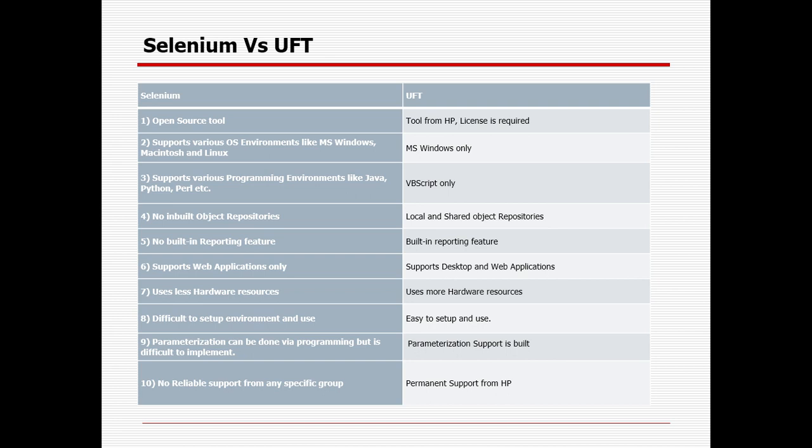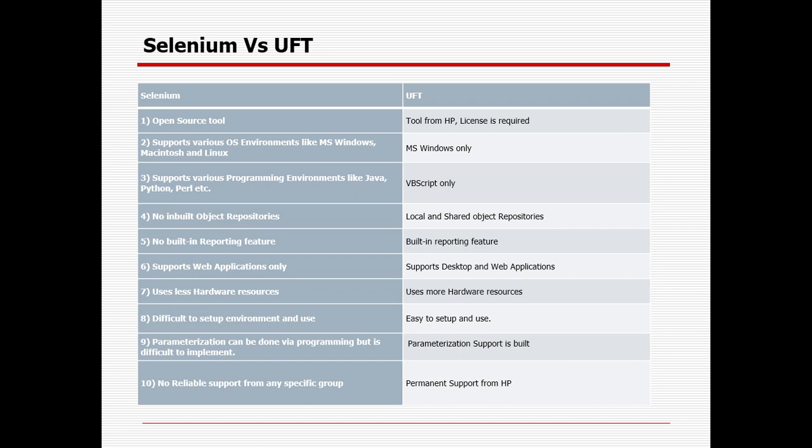Selenium supports web applications, and nowadays desktop applications also, whereas UFT is primarily used for both desktop and web applications. Selenium uses less hardware, whereas UFT uses more hardware. It is difficult to set up the environment and use Selenium, whereas in UFT it is very easy to set up.